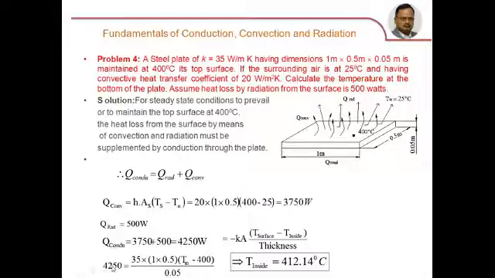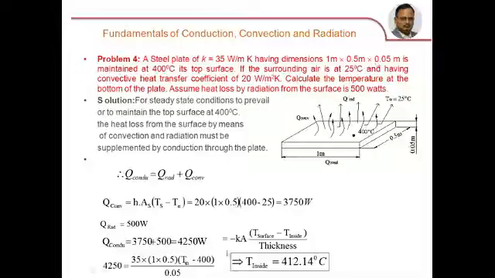So Q conduction 4250 equals K 35 times the area normal to the direction of heat flow, the bottom cross sectional area 1 into 0.5, times T inside surface minus T outside, T in minus 400, divided by the thickness of the plate, 0.05 meters.